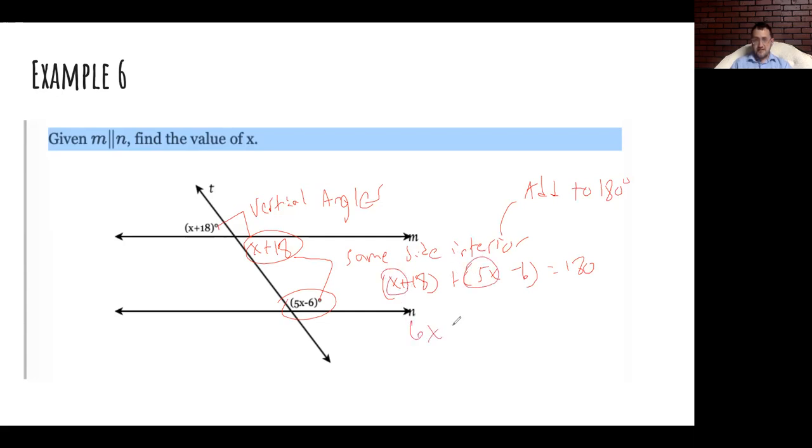So I'm going to say that 6x plus 12 equals 180. Subtract 12 on both sides. And divide by 6. And if I go to my calculator, 168 divided by 6 is 28.